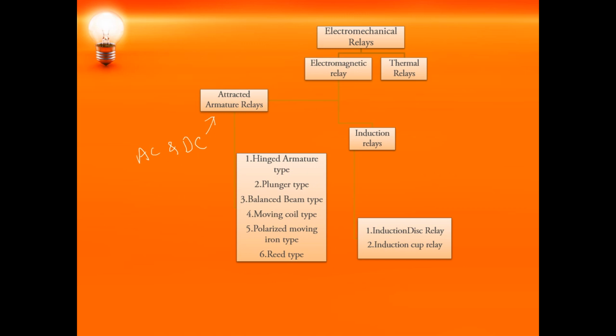From where is the magnetic flux generated? The magnetic flux is produced by the operating quantity, which is either the current or the voltage. Based on that, the electromagnetic force is produced, which will make the moving part to move. That is how the attracted armature type relays work.